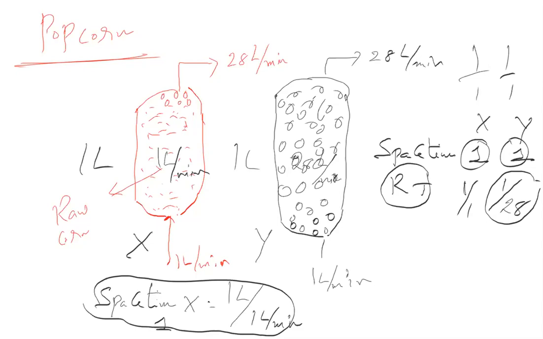Residence time is the time spent by the flowing material inside the reactor. What is flowing inside here? 28 liters per minute, versus 1 liter per minute. So residence time will be 1 by 1, 1 by 28, but space time doesn't change.